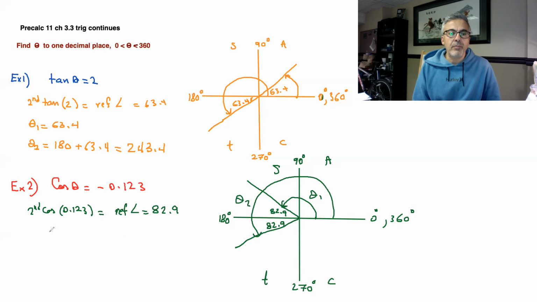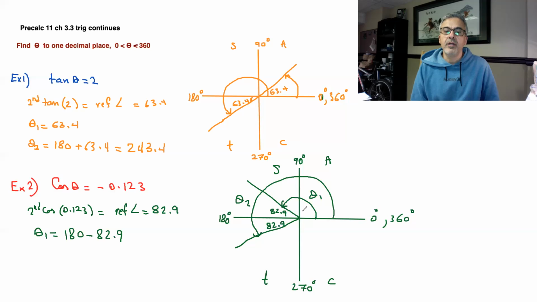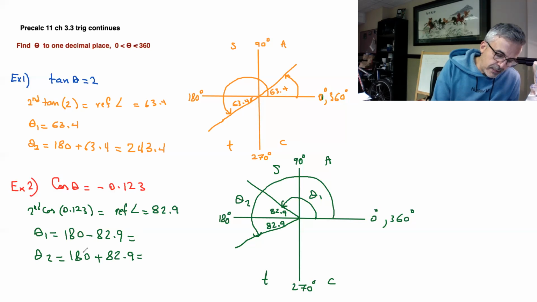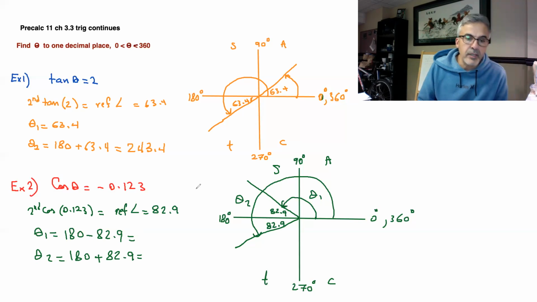So theta 1 would be 180 minus the reference angle, because if you want to get to here, then you just go all the way to 180 and take away the 82.9. And theta 2 would be 180 plus the 82.9, which equals 262.9 degrees.